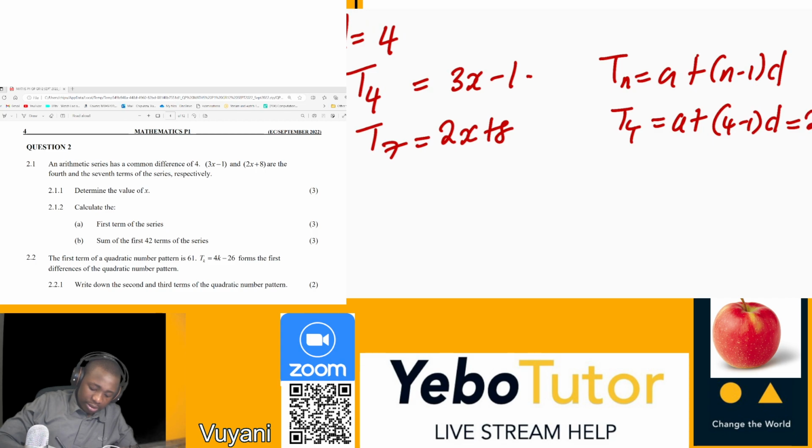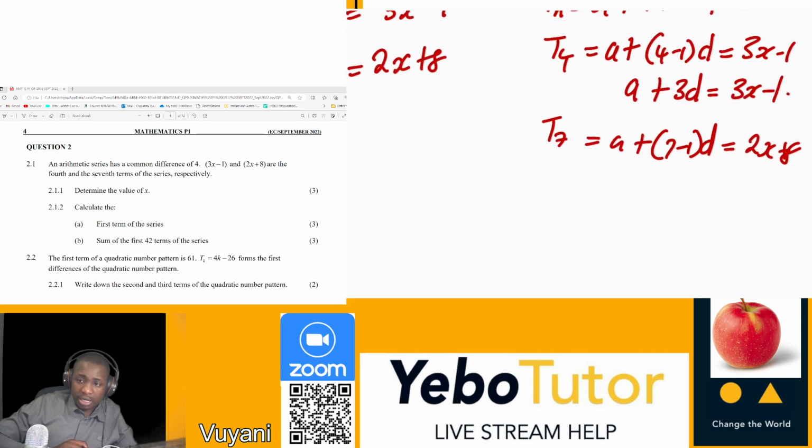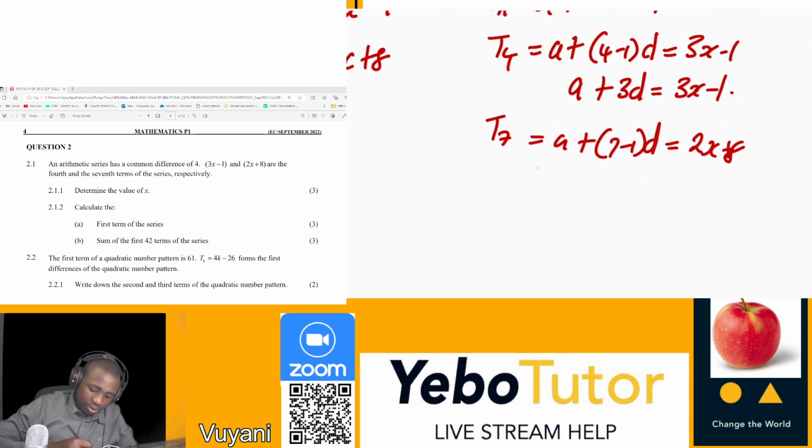So this will be a plus 3d equal to 3x minus 1. Then for t7, that will be a plus (7 minus 1) times d equal to 2x plus 8. Then we have a plus 6d equal to 2x plus 8.